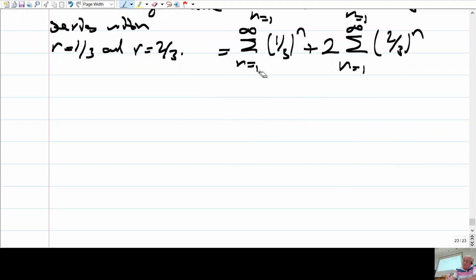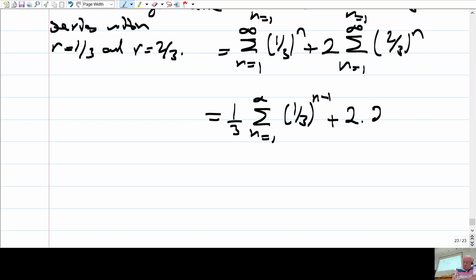This is not starting from 0, or you should have here n minus 1. You can do that by doing this: 1 over 3 times, I take one of the 1 over 3 outside, so 1 over 3 to the n minus 1, plus 2 times 2 over 3 and then 2 over 3 to the n minus 1.